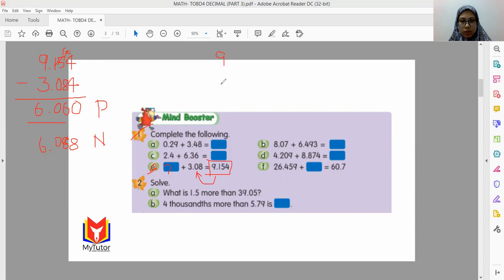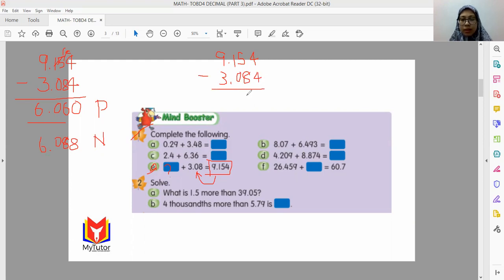Let's subtract first. Hannah, can you look at me? You do not have to calculate, we discuss together. So 9.154 is the answer. You take the larger number, the answer, and subtract 3.084.